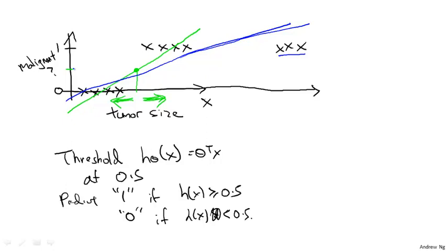And if you continue the threshold at 0.5, the threshold is now around here, and so everything to the left of that you predict 0, and everything to the right of that you predict 1. And this just looks wrong, with a training set where it's as obvious as this what's going on. This just doesn't seem like a reasonable location to place a decision boundary, or to decide how to separate the positive and negative examples.